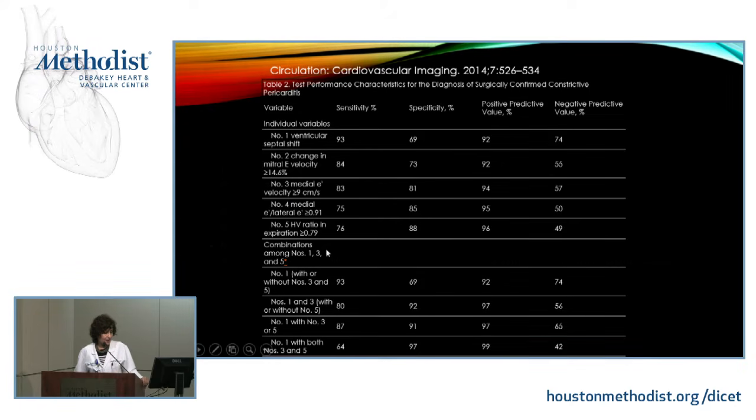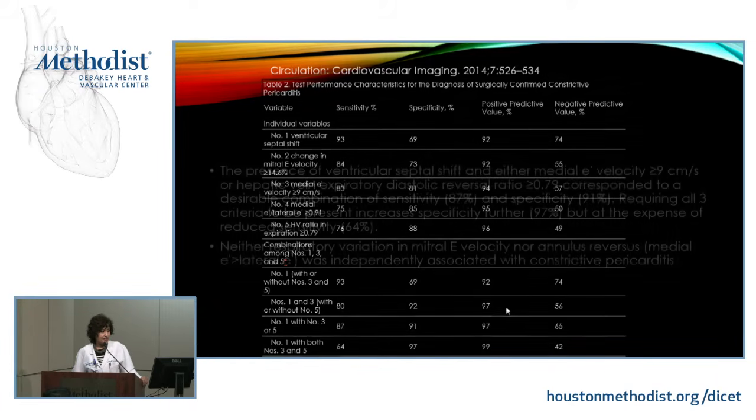What they then did was say, okay, let's combine and see. And when they combined, they were getting more specificity, especially when they combined it with the medial velocity and the hepatic vein expiration ratio. They're getting more specific, but the sensitivity was dropping.